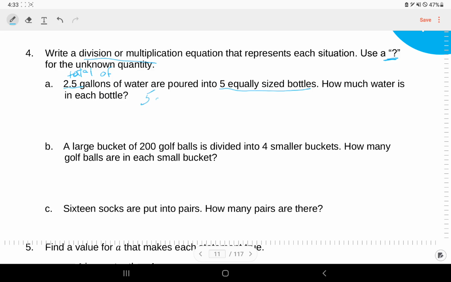So it's 5 times the question mark equals 2.5. Question times 5 is 2.5. We've got 2.5 divided by question is 5. 2.5 divided by 5 is question.